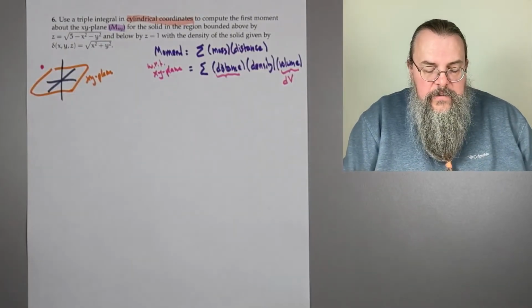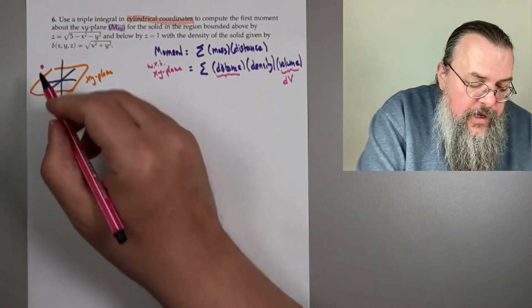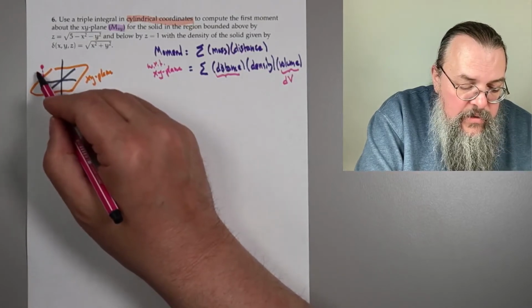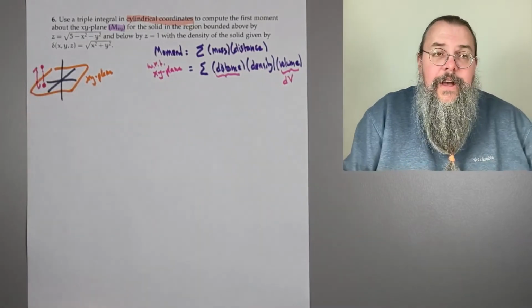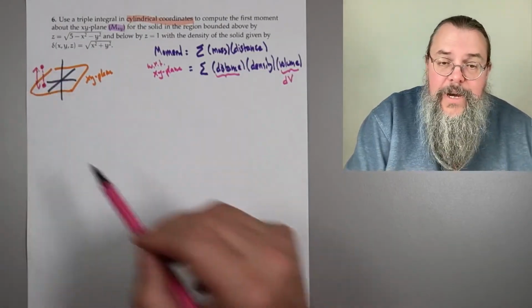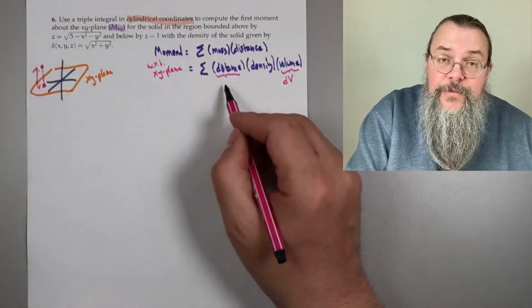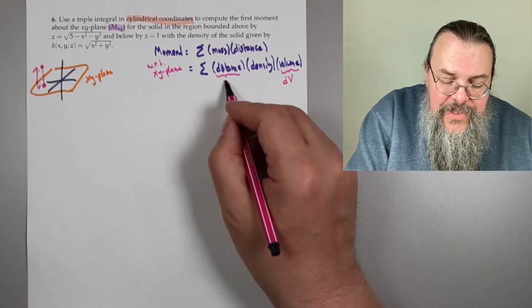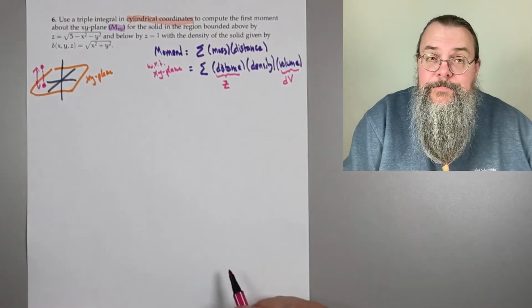To figure that out, I drop straight down. So what's this length in between? How do I find it? The way you find how far off the xy plane you are is how much you move in the z direction. So distance is z.